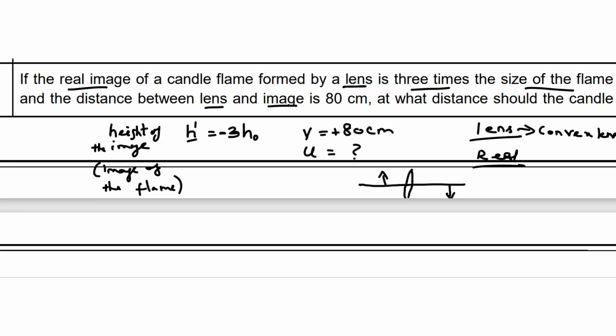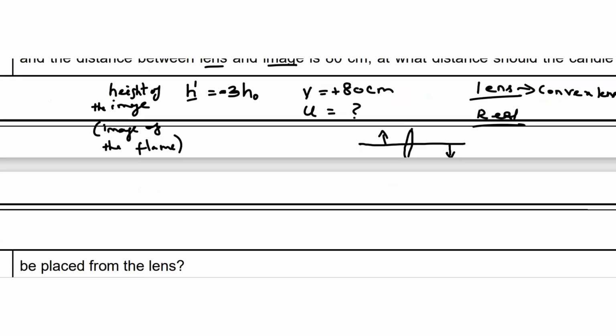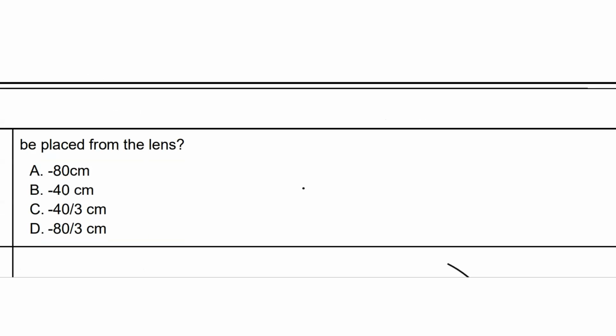Why? If the image is real and inverted, then the sign has to be negative, because the image is formed below the principal axis. Now we need to find u. You know h prime and v, and you need to find u. Now let us use this formula. For a lens, m is equal to h prime by h, which is negative 3 times h naught divided by h naught.